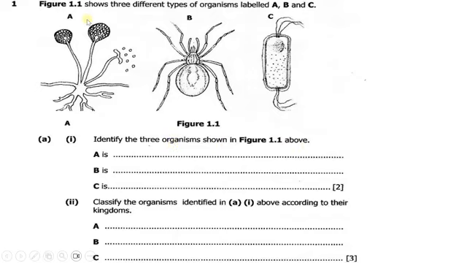So you need to identify what type of organism is organism A, organism B, and organism C. Then Roman numeral 2 says classify the organisms identified in A part 1 according to their kingdoms. Once you identify them, you classify them into the kingdom they belong.